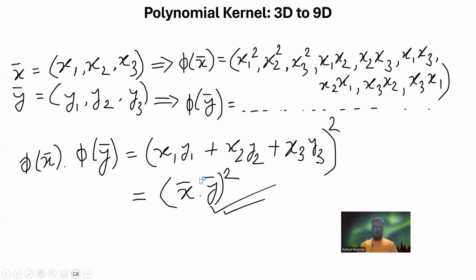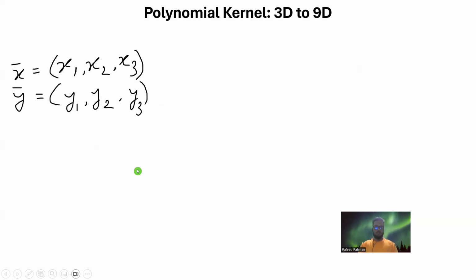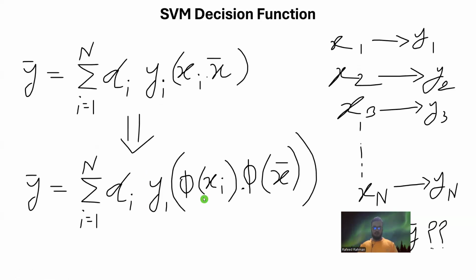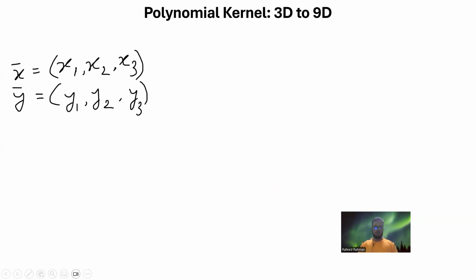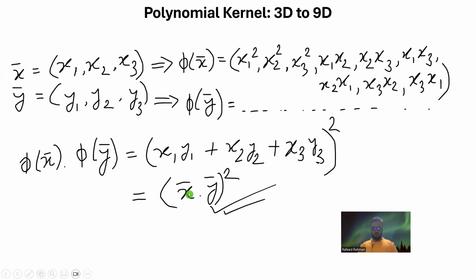Doing this is equivalent to transforming x bar to 9D, which is phi x bar, transforming y bar to 9D, which is phi y bar, and then taking the dot product. So understand that if we simply replace phi xi and phi x bar by this formula, it is the same as doing this big transformation, right?